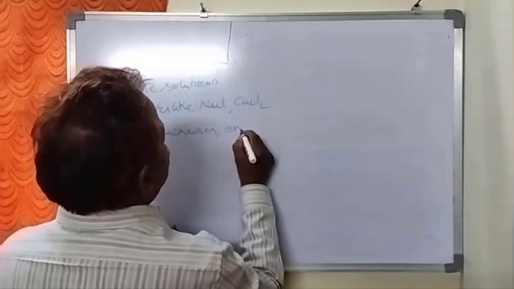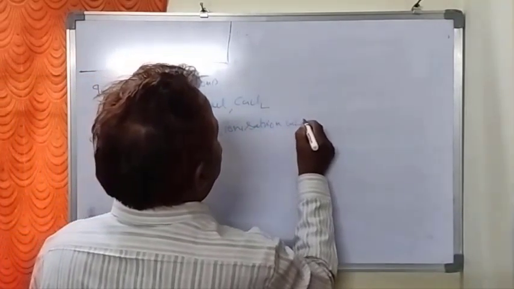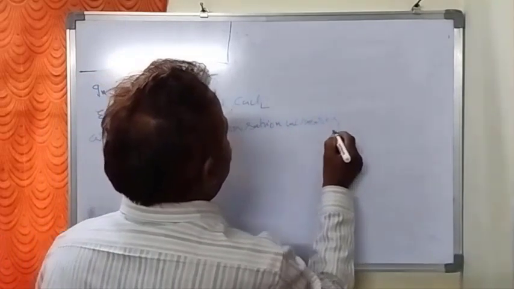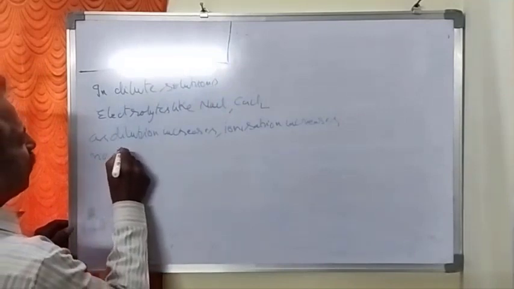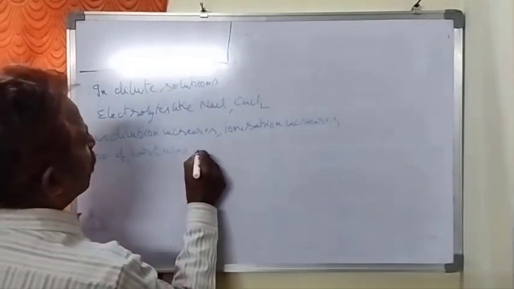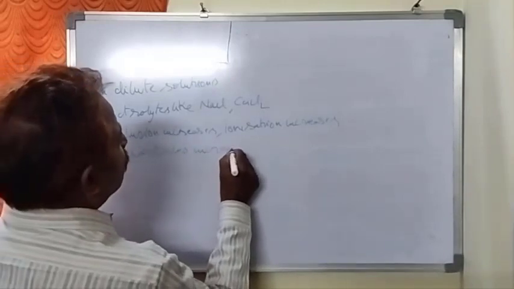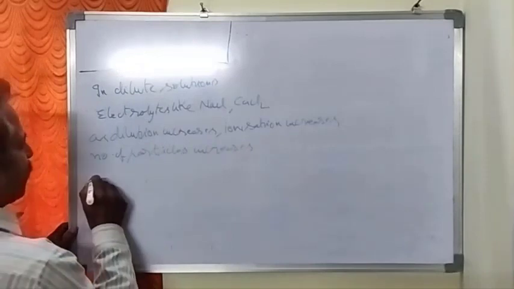Ionization increases. As ionization increases, the number of particles increases.